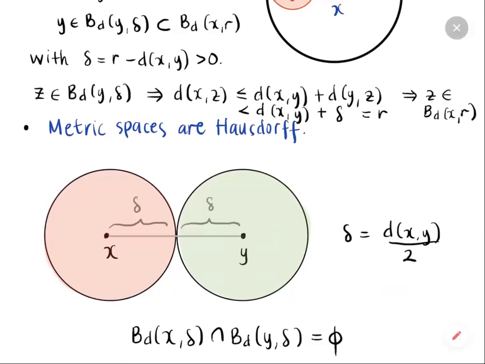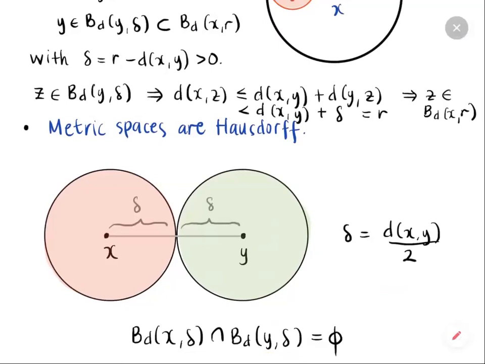Then you can easily show that the ball centered at x having radius delta, as well as the ball having center y and radius delta, are disjoint. So in this case, we have two open sets containing x and y that are disjoint.